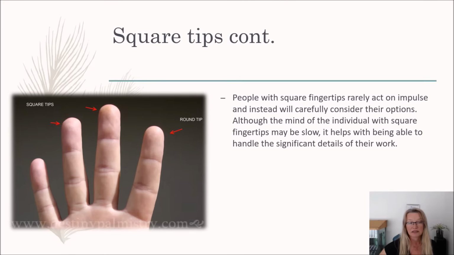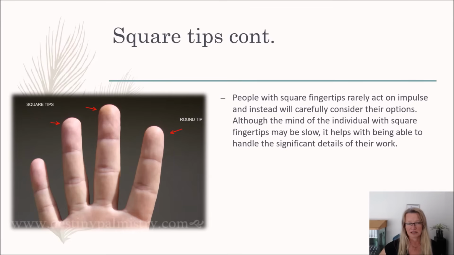So the hand this belongs to, he is a business-minded person who runs a company. He doesn't own the company, but he runs it as a project manager, and he's got a very creative mind as well.